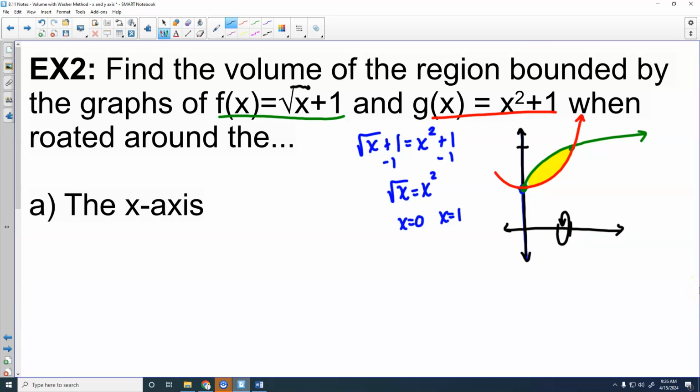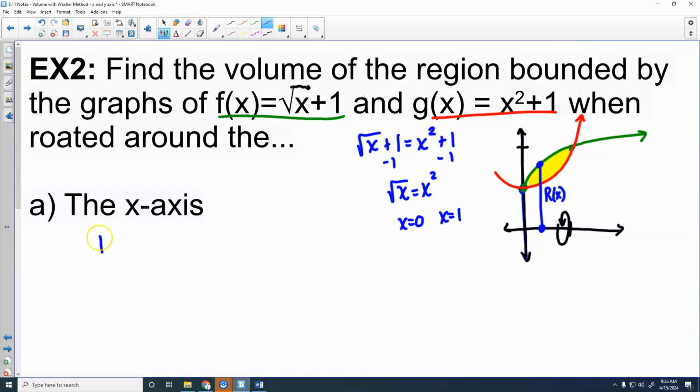Whenever we are doing this problem, we will start off with our outside radius, when we're rotating around x. That's the function furthest away from the axis you're rotating around, which is your capital R of x.